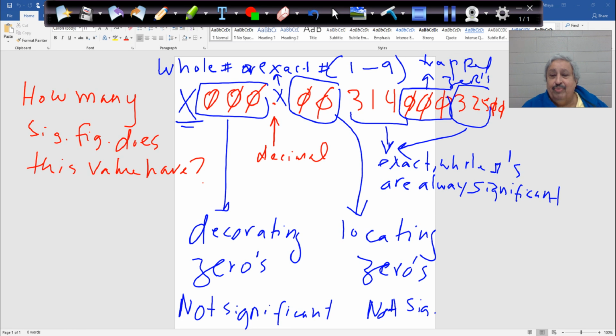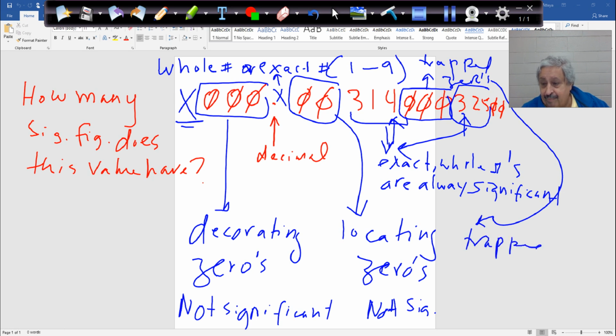They're trapped between exact whole numbers, between 3 in this case and 4. Trapped zeros between 3 and 4, correct? And they are always, so here it is, write it here: trapped zeros are always significant.